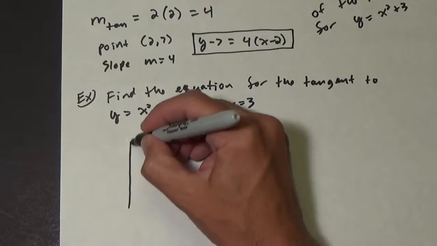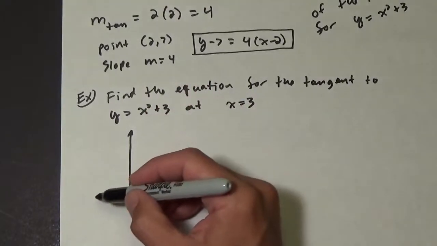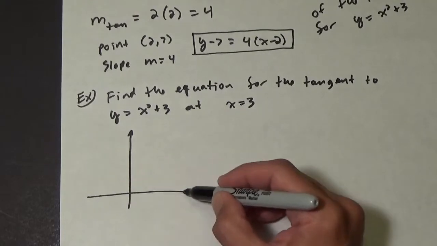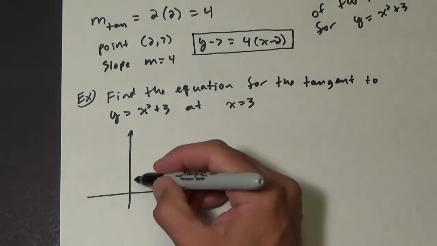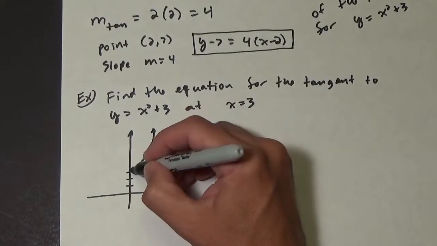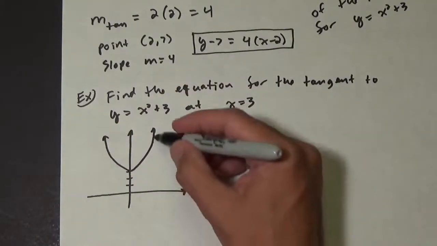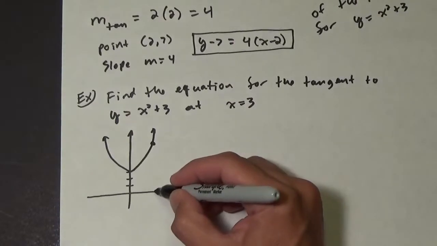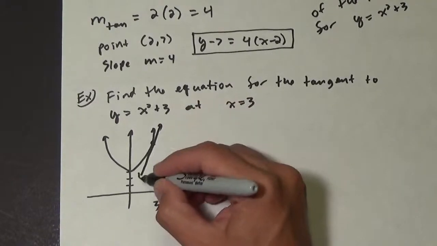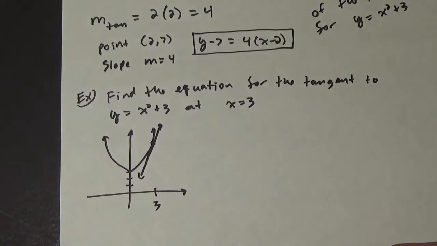Okay, so if I were to sketch this out, so you go 1, 2, 3, so here is our equation, and then at 3, we want this tangent line, the equation of that tangent line.